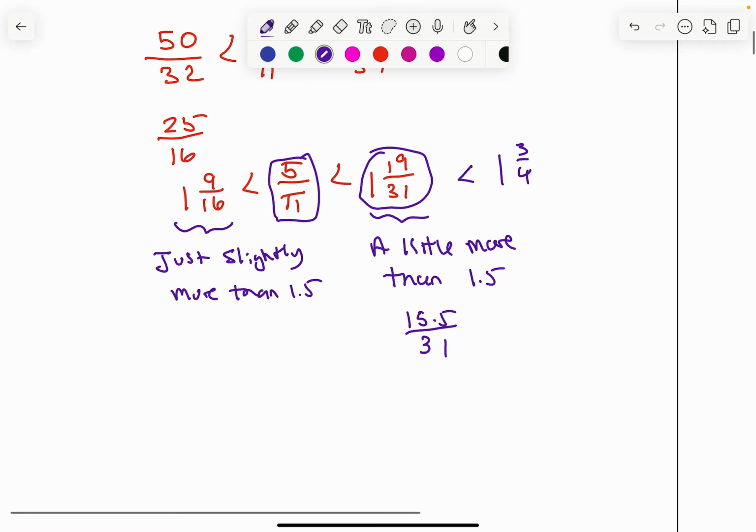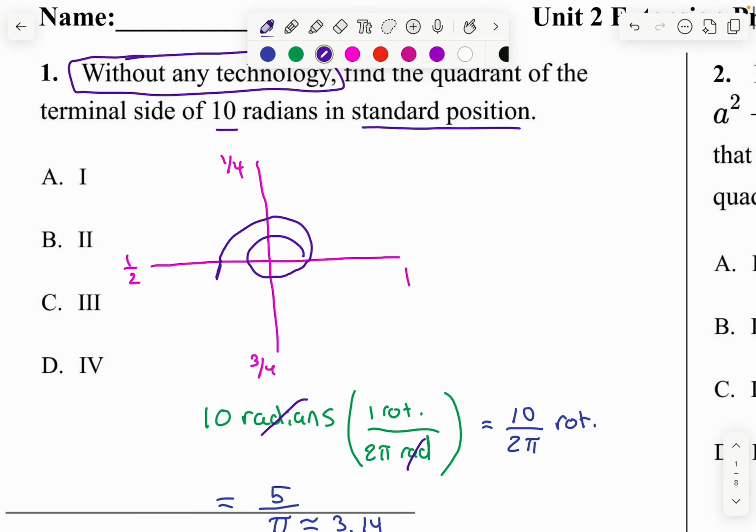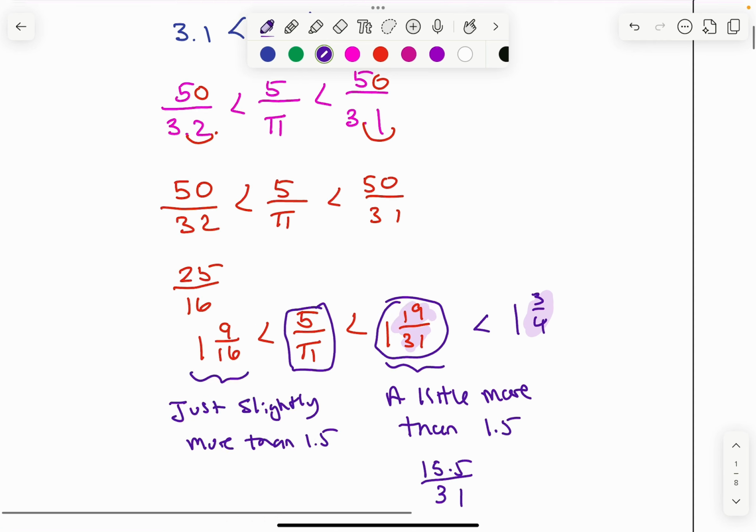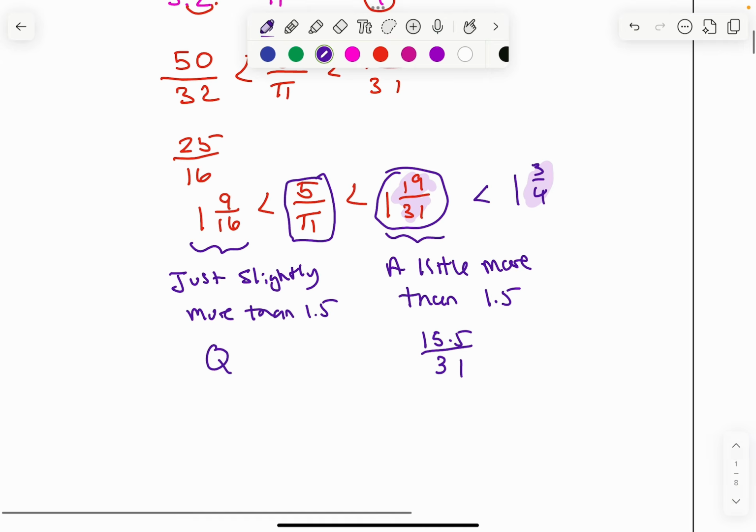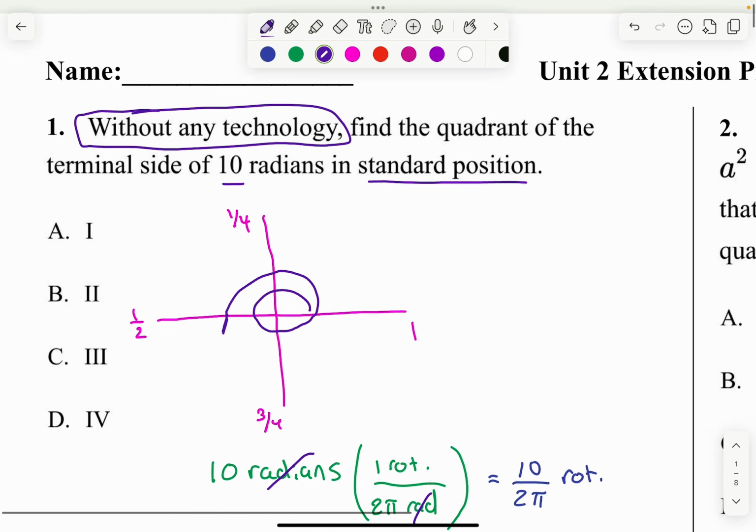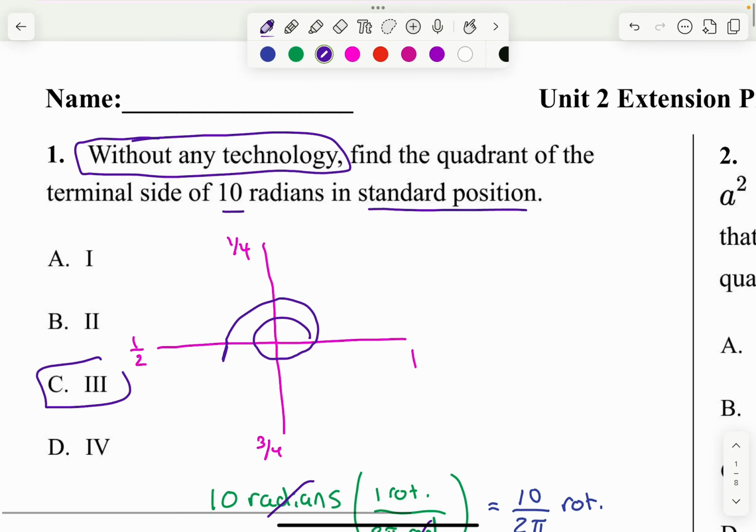We can examine that more in detail, but this is clearly less than 3/4, which means it's in between two angles that are both in quadrant 3. So this is in quadrant 3, and this is in quadrant 3, which means 5 over pi is in quadrant 3. And so the answer is quadrant 3.